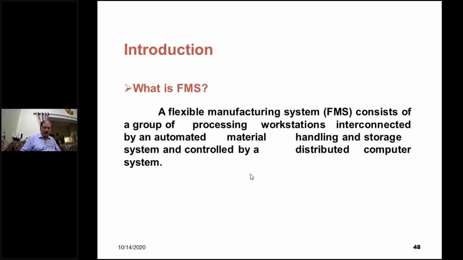Then we come to another type of problem that we come across, that is a flexible manufacturing system, where we are concerned about the loading problem. A flexible manufacturing system consists of a group of processing workstations interconnected by automated material handling and storage system and controlled by a distributed computer system.